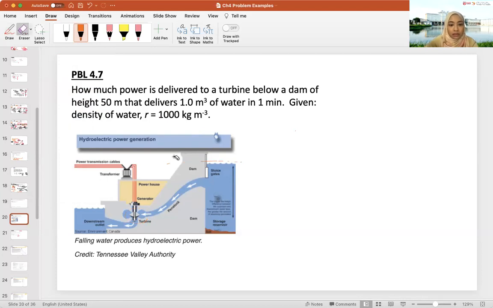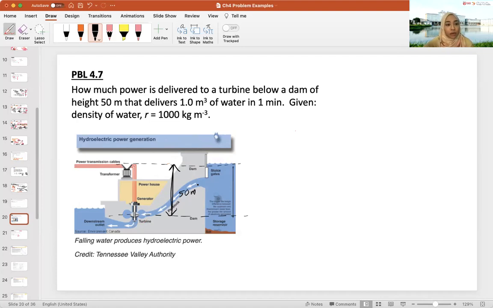So the distance from the top height of the dam to the turbine is equal to 50 meters. They didn't specifically say the dam is 50 meters and the turbine is h equals 0. They're just saying that the distance between the dam and the turbine is 50 meters.